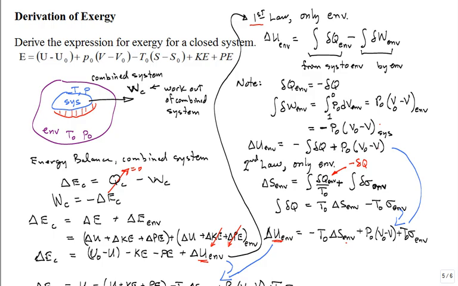So let's do the derivation for the Exergy of a closed system. Here it is written out not on a per unit mass basis, but on a total mass of the system basis, right? Cap U minus U naught, etc. All right. What are the SI units for cap E Exergy as shown?